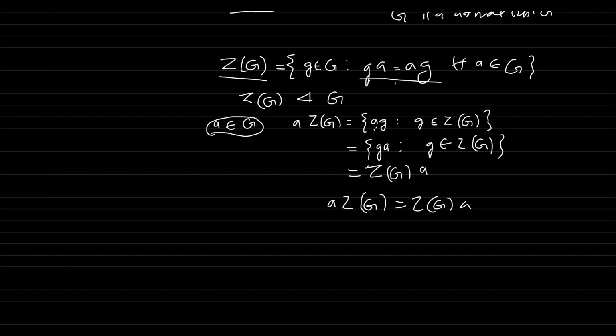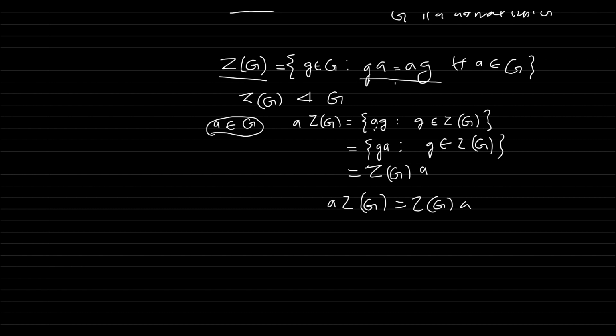For any group G, the center of that group is always normal. These three examples are the main examples of normal subgroups, and these normal subgroups exist for all groups, for any kind of group.